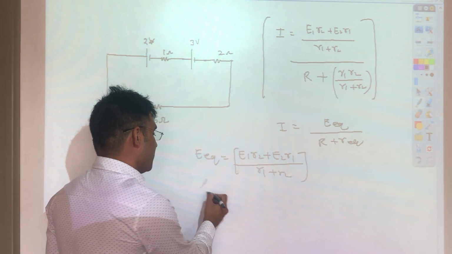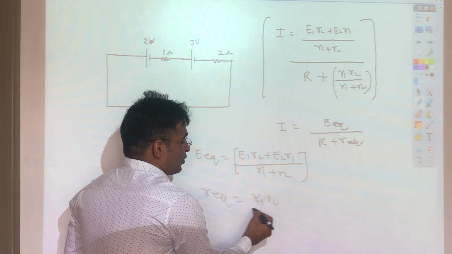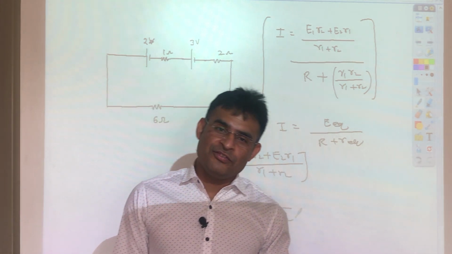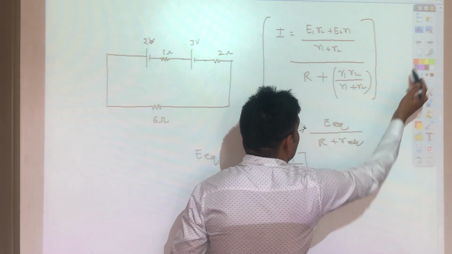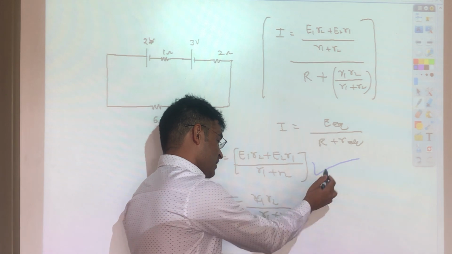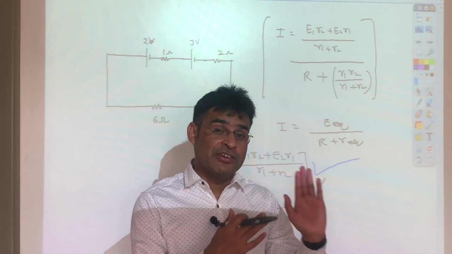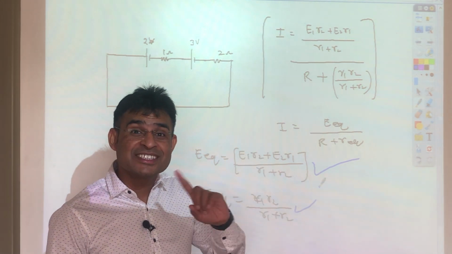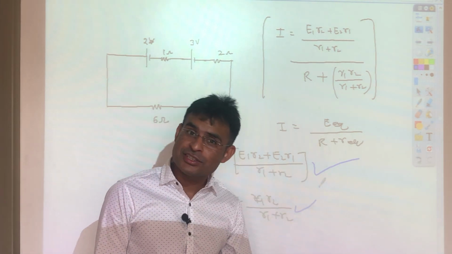And R equivalent is equal to R1 R2 divided by R1 plus R2. So basically we got the formula for net EMF and net resistance. This is the formula for net EMF in case of parallel combination, and this is the formula for net resistance in case of parallel combination. It is not like series combination, where you are simply adding. Here resistance also counts, even in the EMF you need to count resistance as well: E1 R2 plus E2 R1 divided by R1 plus R2.